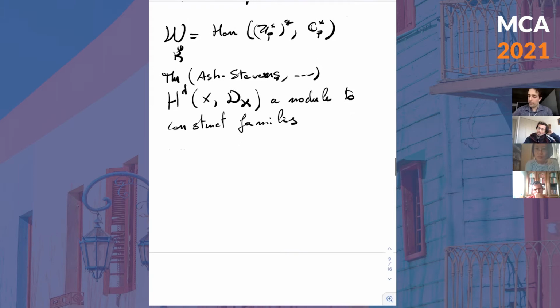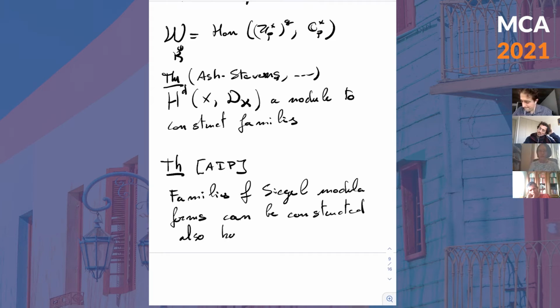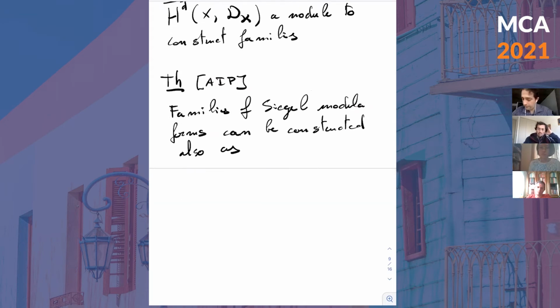And there is another construction by Andreatta, Iovita, and Pilloni. Families of modular forms, families of Siegel modular forms, can be constructed also as sections of some, well, not really coherent, but some Banach sheaf.